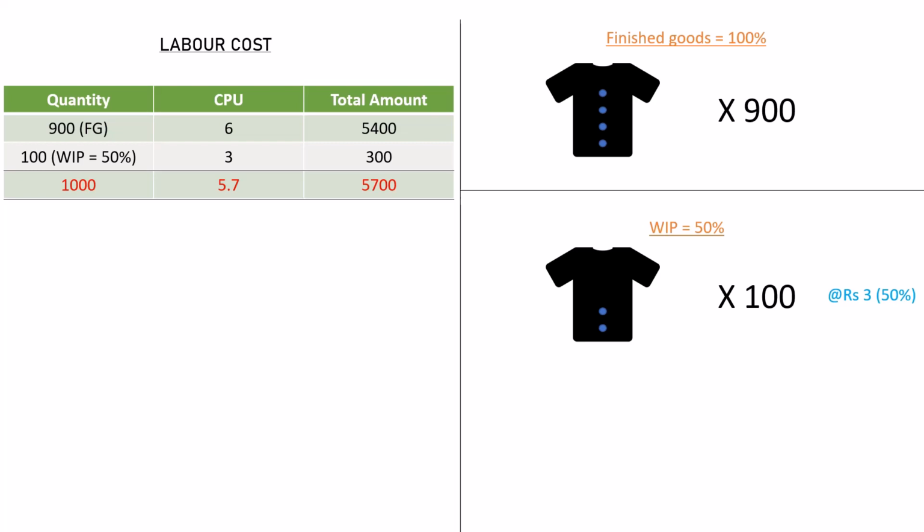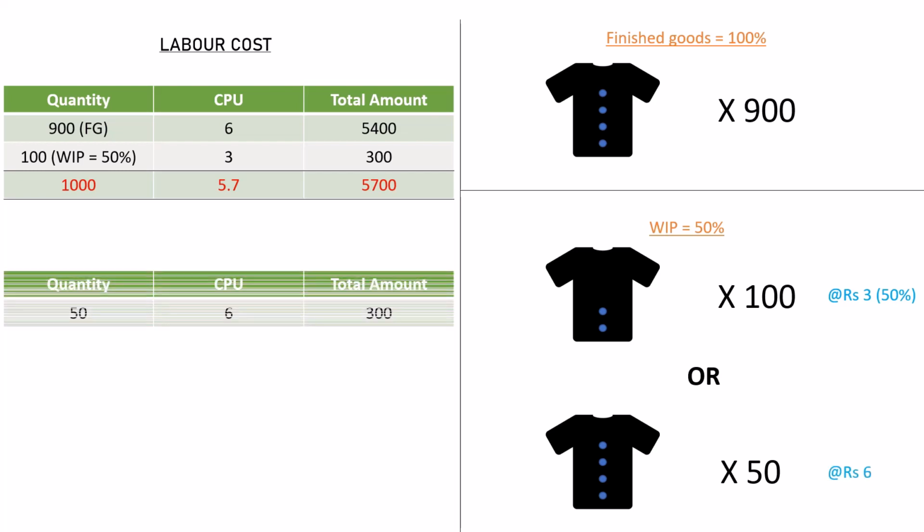To put it simply, I can say instead of attaching 2 buttons to 100 shirts, I can attach 4 buttons to 50 shirts. Same amount of work, but here the cost per unit will be the entire 6 rupees because it's for 100% work.